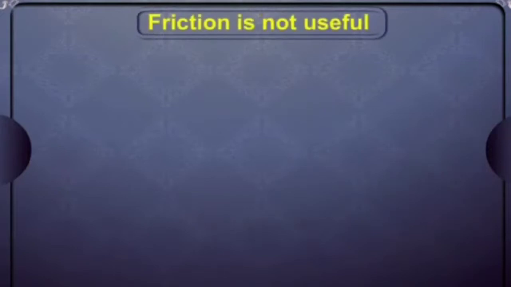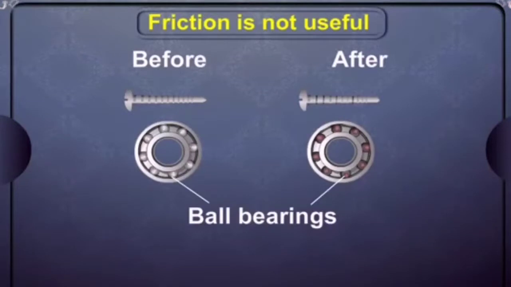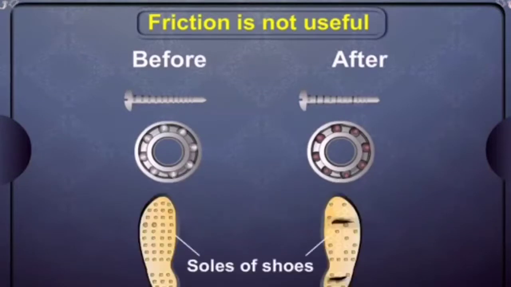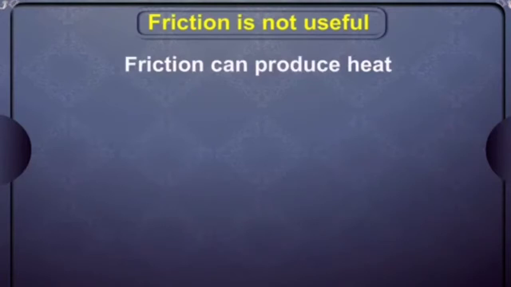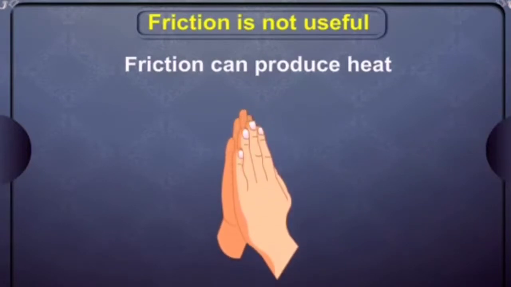But sometimes friction is an evil. That is, friction is not useful. For example, it wears out the materials like screws, ball bearings, or soles of shoes. In some cases, friction can produce heat. The simplest example is when we rub our palms together for a few minutes, they become warm.